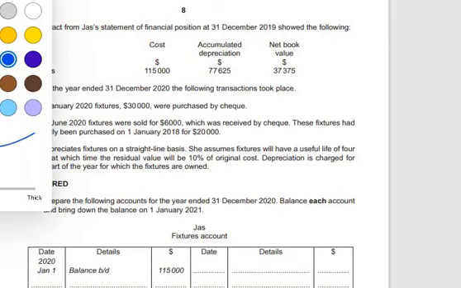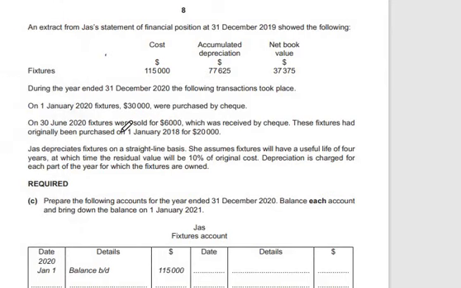We have the fixtures: the cost, accumulated depreciation, and the net book value. In other words, these are the balances brought down in the fixtures account, that is on the debit side, and accumulated depreciation will be on the credit side, because this is the balance brought down of the provision for depreciation.